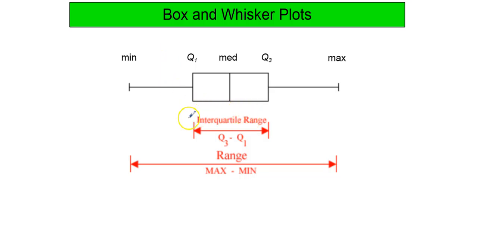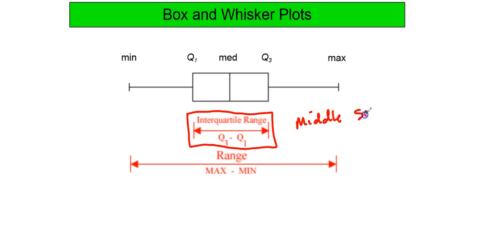The next measure of spread, and this is the important part, is that we want to hone in on the middle. So this is the middle 50%. That's what the box indicates on a box plot, the middle 50% of the data. Generally when we're analyzing data, we want to talk about where the middle of the data is.